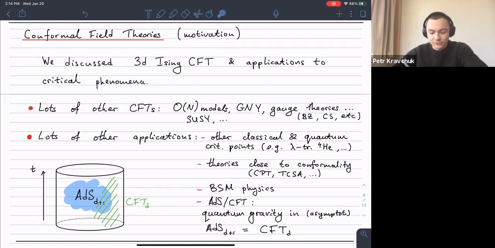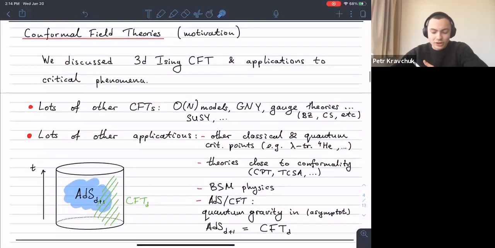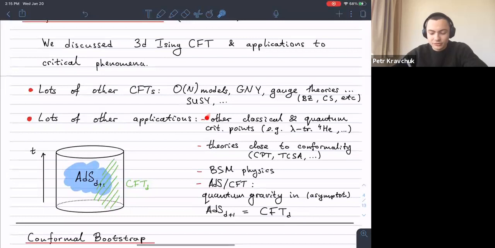And the philosophy of the Conformal Bootstrap is to describe CFTs in themselves using some axioms and understand their properties, and then these properties can be applied in all these scenarios.